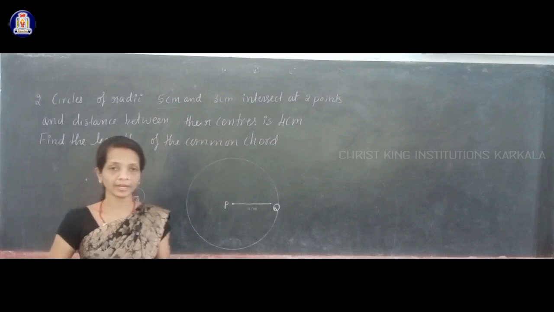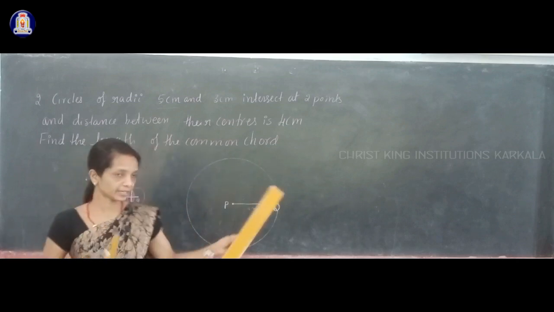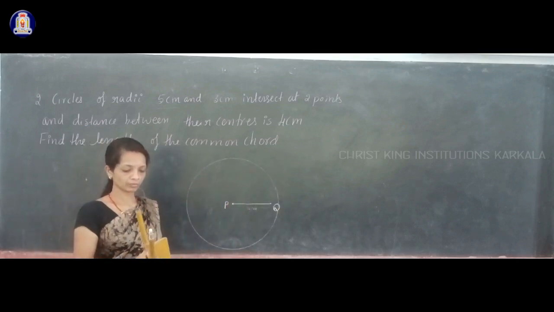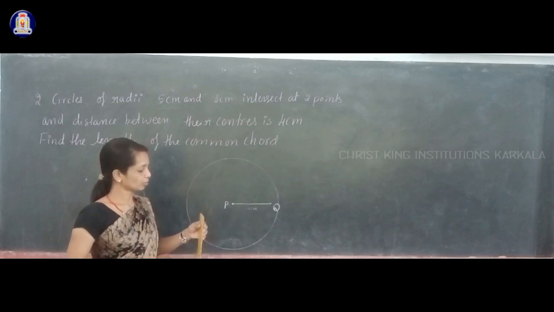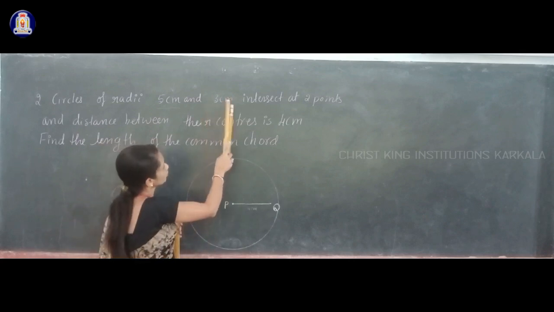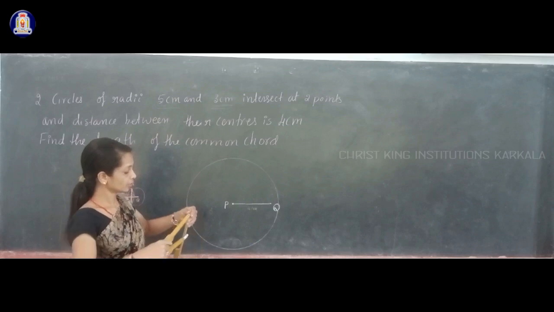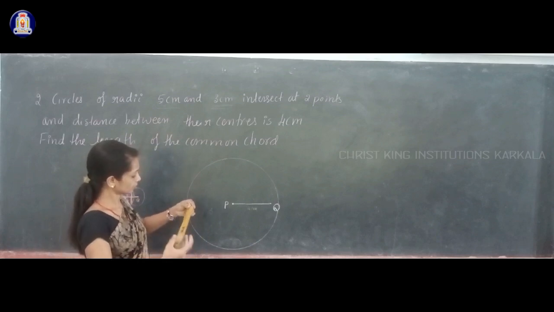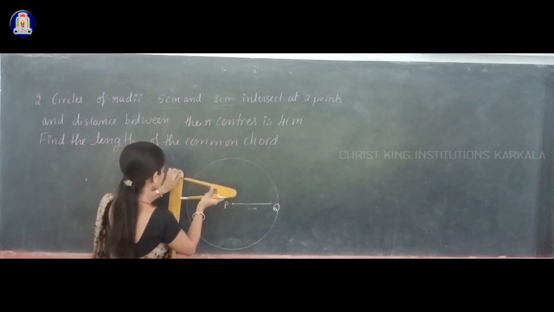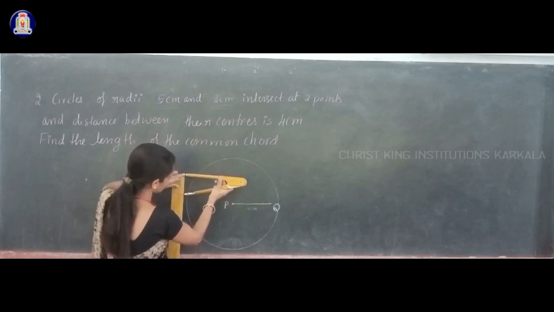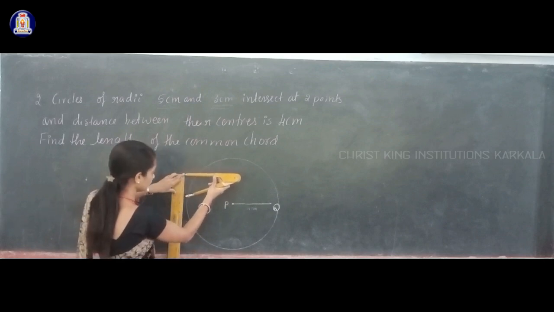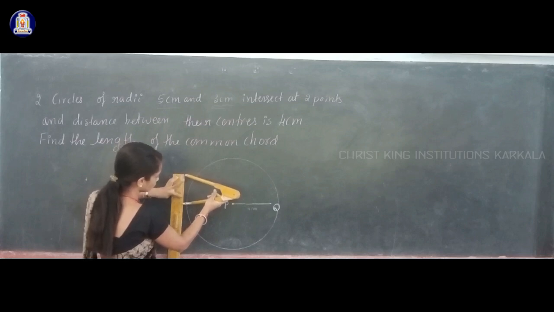Now, taking the other end point as the center of the circle, you have to draw one circle of radius 3 centimeter. For that you have to take 3 centimeter in your compass. One tip must be at the 0 of your scale, the other tip of your compass must be at 3. 1, 2, 3.